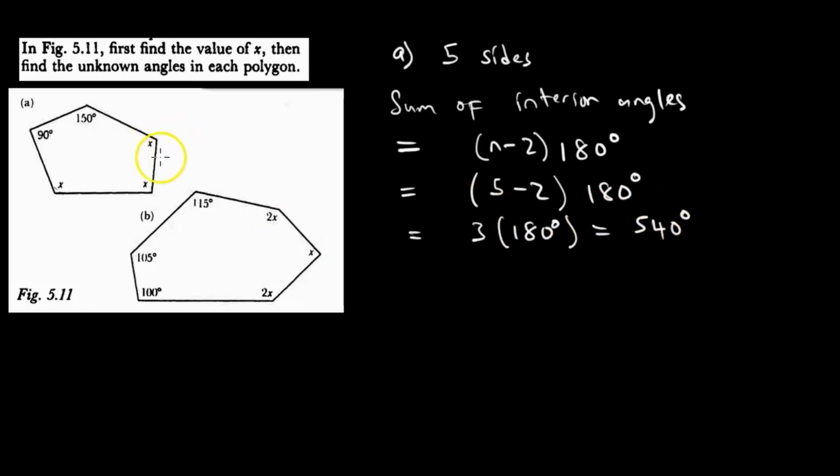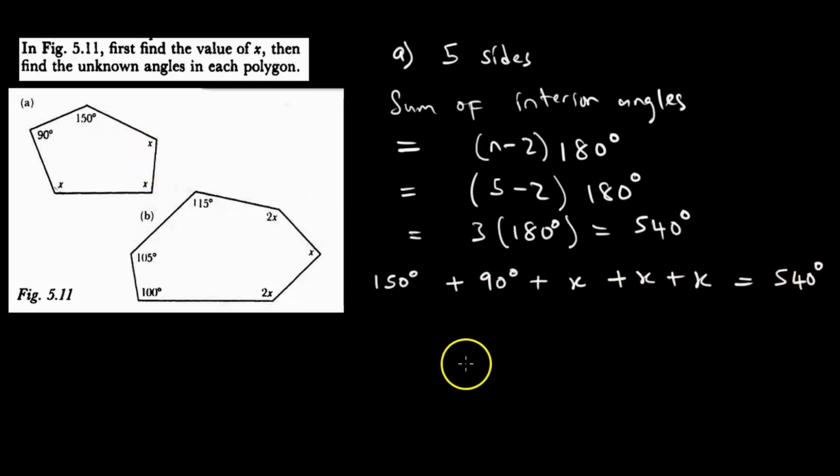Then to find x, we have to understand the essence of the sum. In the sum, we are individually adding every angle inside the shape. So we are basically going to say 150 degrees plus 90 degrees plus x plus x plus x should be equal to what? 540 degrees.